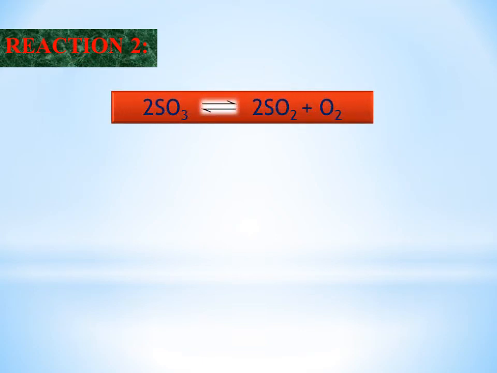Now reaction number 2 is, when 2 moles of sulfur trioxide react, it will give us 2 moles of sulfur dioxide and 1 mole of oxygen.